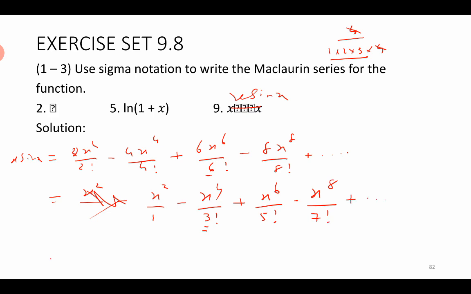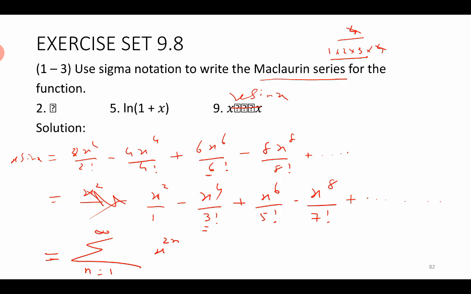Now we have to write the general form for the infinite series. This series is infinitely long, so it goes on infinitely. Summation n from 1 to infinity. See, the power of x is an even number, so x power 2n.